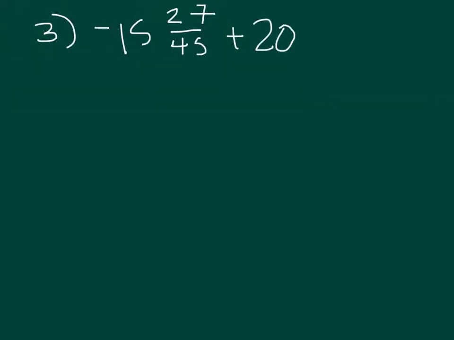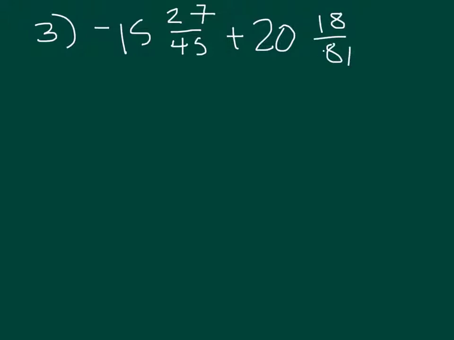Problem number 3. In problem number 3, I have, once again, a negative and a positive mixed number, plus 20, 18 over 21, 81.